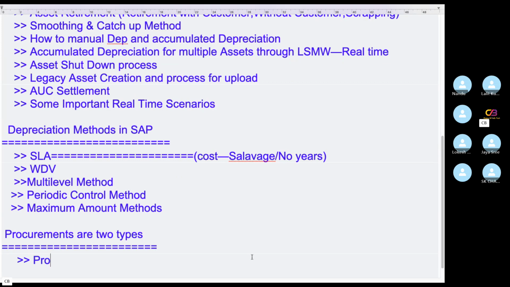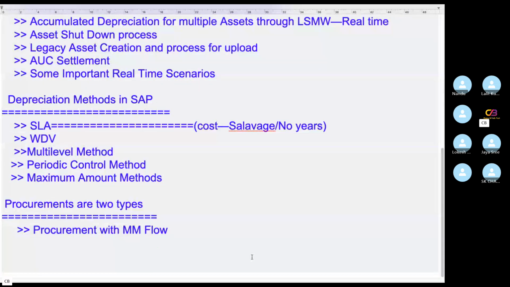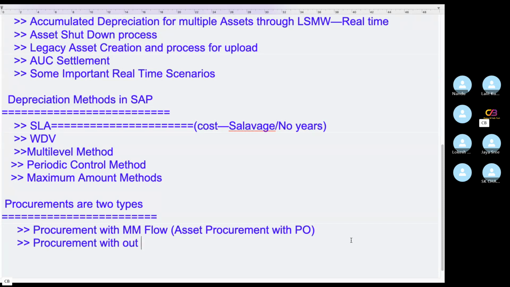The procurement with the MM flow, that is asset procurement with the PO, and procurement without PO, the FI flow.